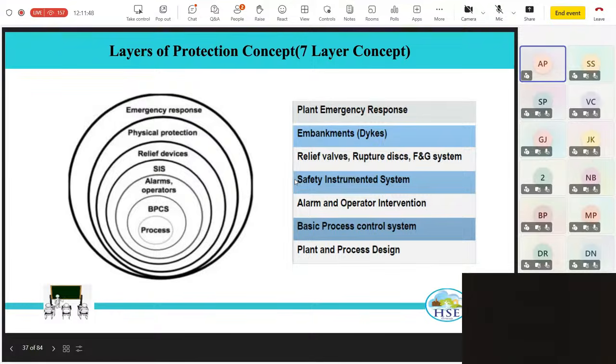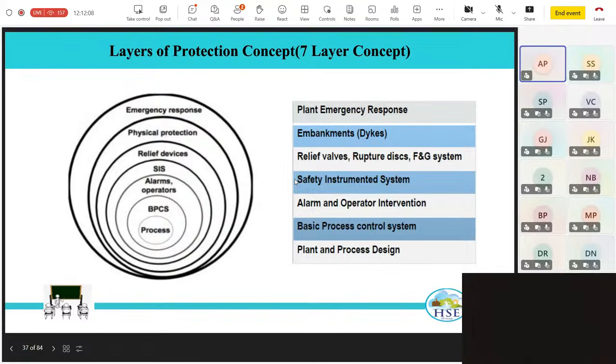That kind of variation is tolerable. And the moment it tries to go beyond 10.2 bar, the BPCS will regulate the system back to the 10 bar level. That is the way the BPCS operates.